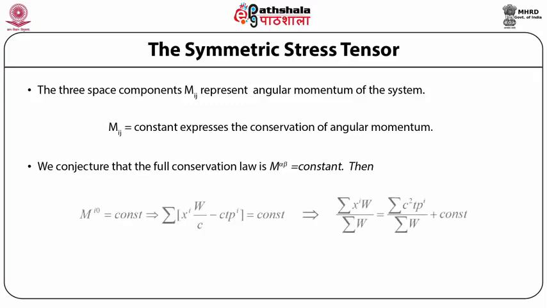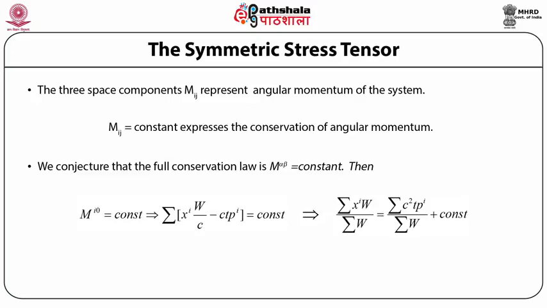Then Mi0 equals constant, which implies that summation of xi W by c minus c t pi is equal to constant.